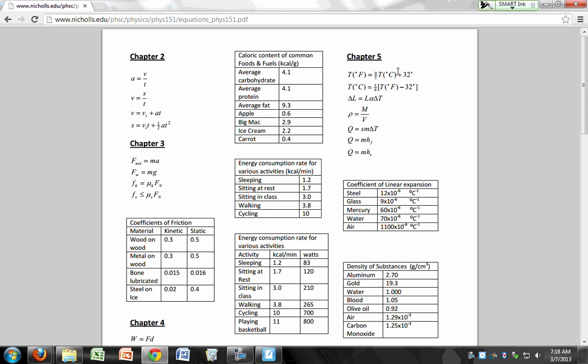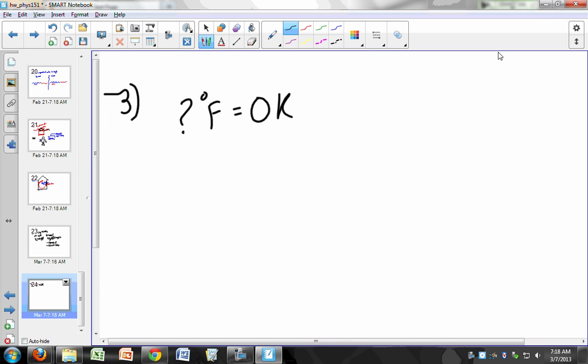Fahrenheit and Celsius scales. Fahrenheit is 9/5 T plus 32. So T in degrees Fahrenheit is equal to 9/5 times T in degrees Celsius plus 32. But I need to know what is 0 Kelvin. And you'll have this actually. I'll update your equation sheet.